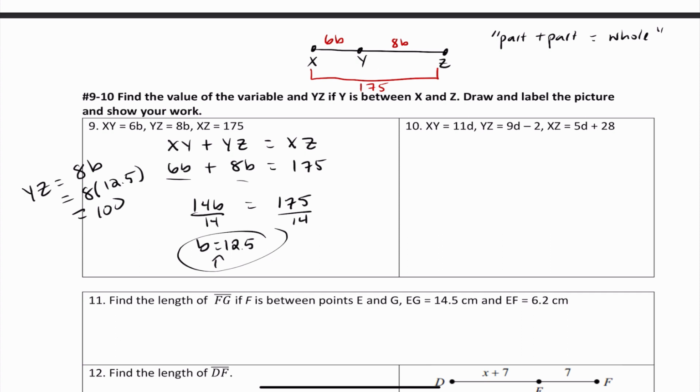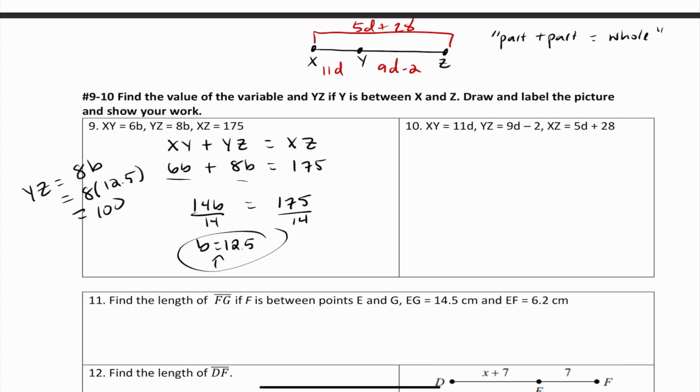All right, let's go ahead and take a look at the other question, number 10. So I'm going to remove all this stuff. And it says that xy is 11d and yz is 9d minus 2. The whole thing is 5d plus 28.